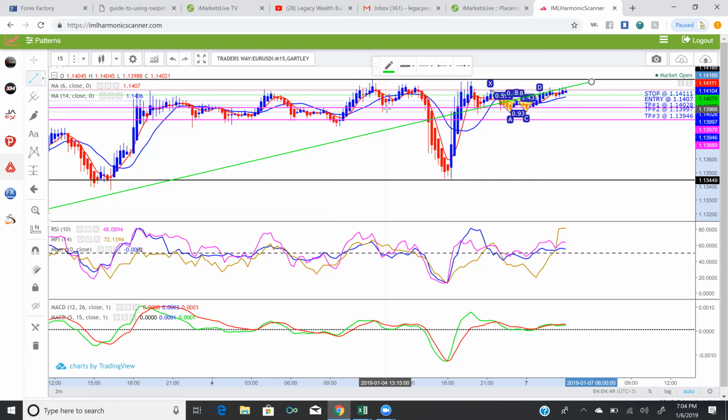This became the new what now? That's not resistance anymore because we have broken through that. That's now our new support. We got a higher high. Boom. And then what happened?